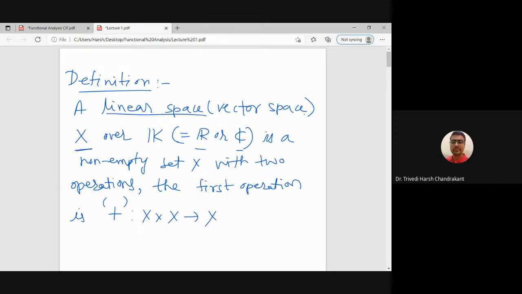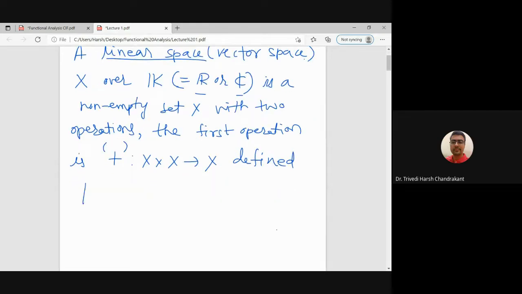So plus is a map from X cross X to X defined by (x, y) to x plus y, right? So this first operation we call addition.